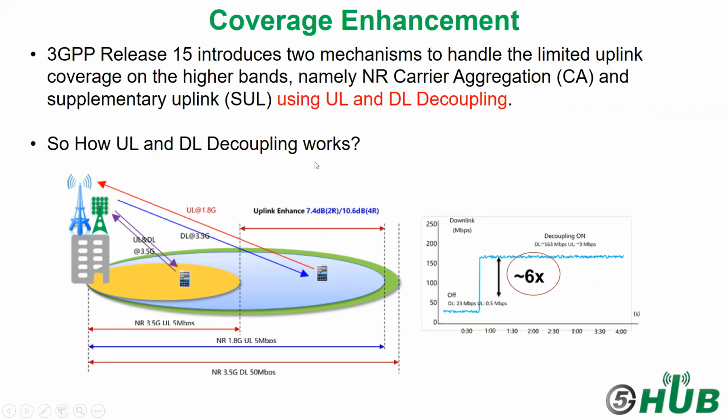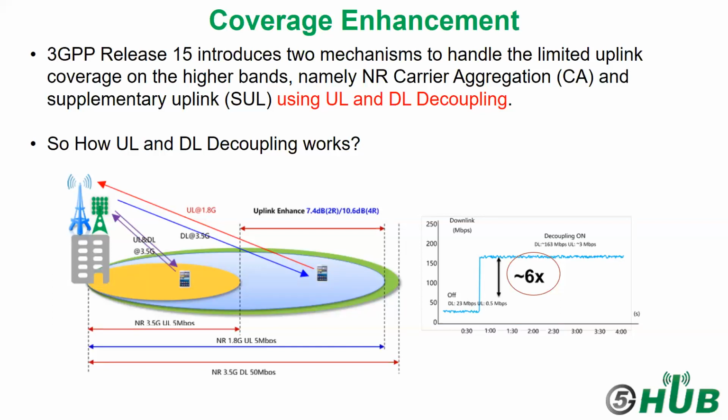Based on the supplementary uplink, the feature uplink and downlink decoupling defines a new paired spectrum, where C-band is used in the downlink. In this figure, for example, the C-band is used for downlink and sub 3 gigahertz, for example 1.8 gigahertz, for the uplink.